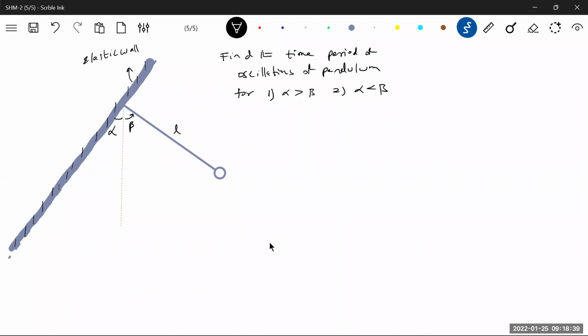And if alpha is greater than beta, what does it mean? Suppose alpha is 30 degrees, beta 10 degrees. I think it will not go and collide with the wall, no? In general, directly take help of the basic diagram.